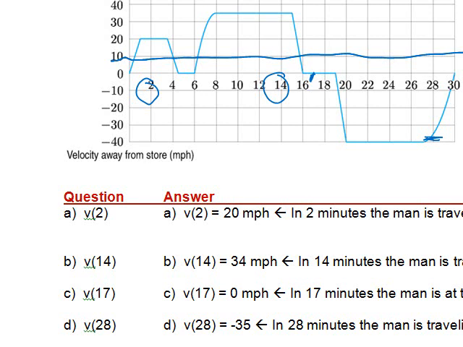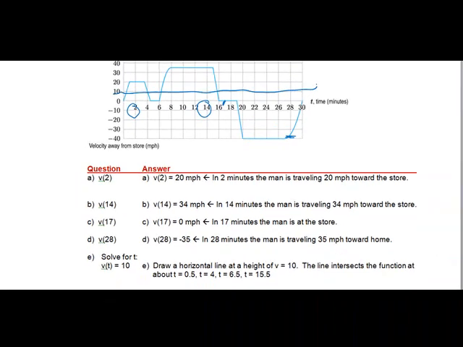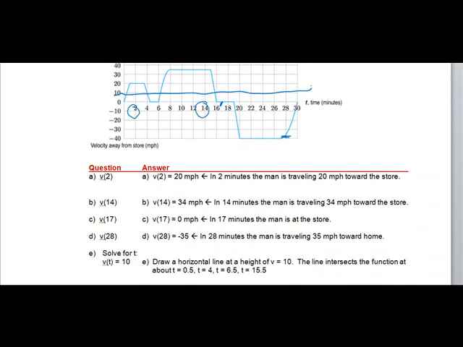And if I do that, I guesstimated, maybe it's about 0.5. And you have to guesstimate a little bit. Then a little bit after 6, so I called it 6.5. And then one more time between 14 and 16, I guessed 15.5.